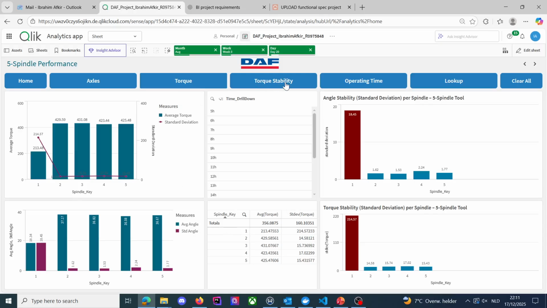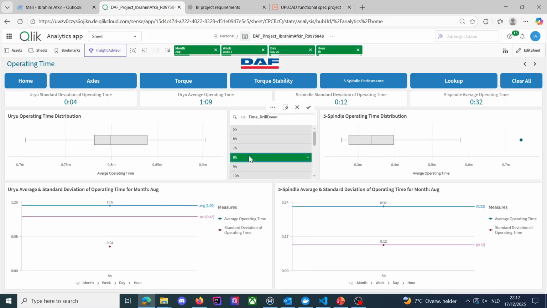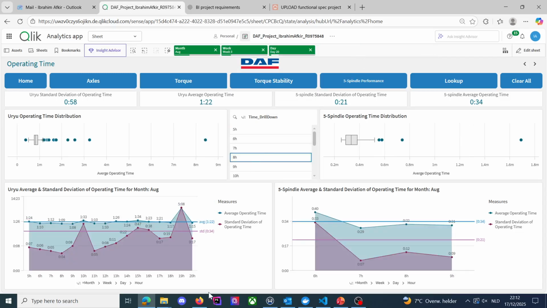Next one is going to be operating time per time window, of course. You can see each hour, or you can see per day. This side is for 5 spindle, and this side is for Oreo, which we are calculating here as the standard deviation, and also here is the average.